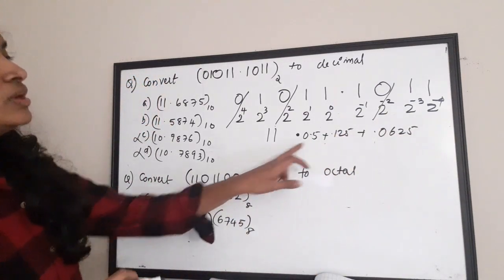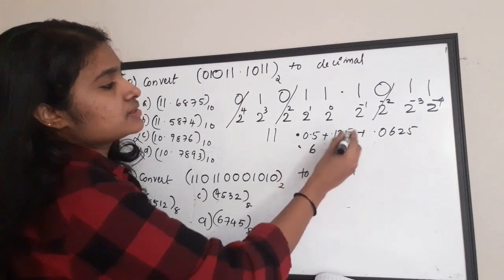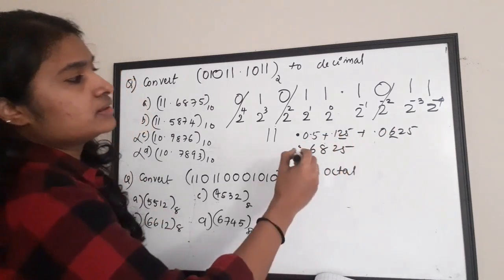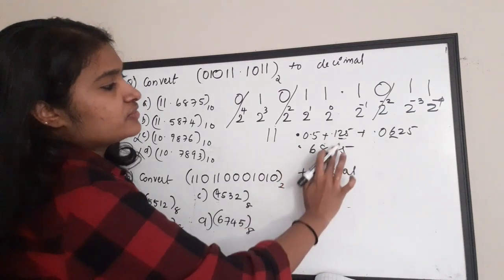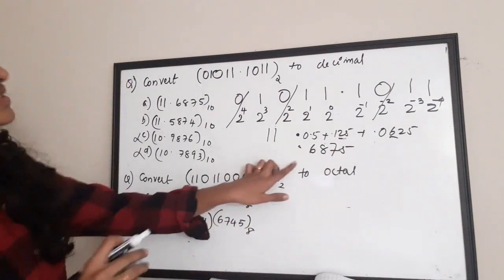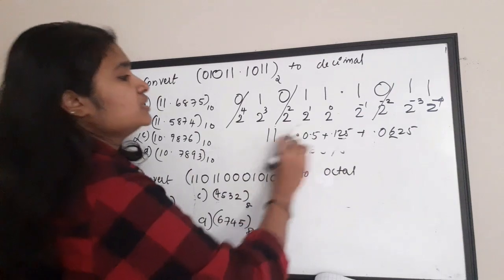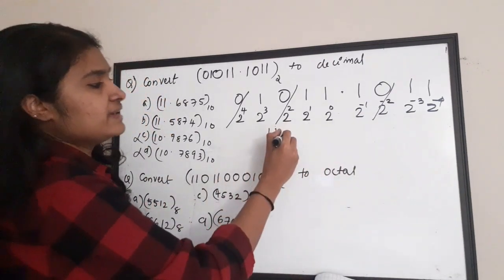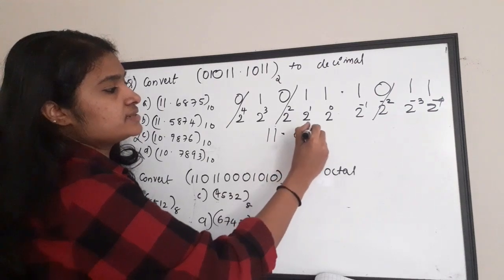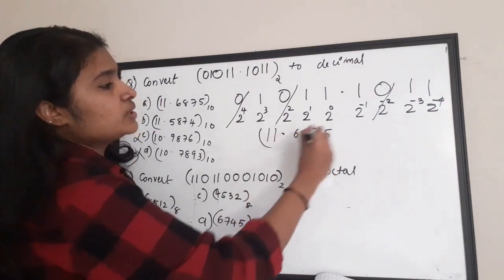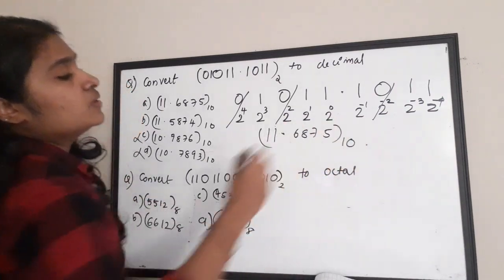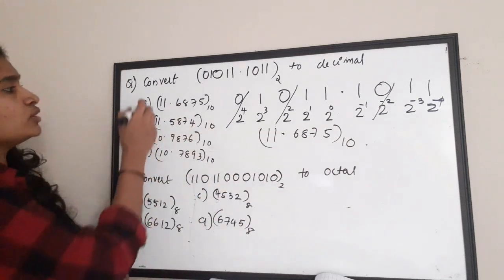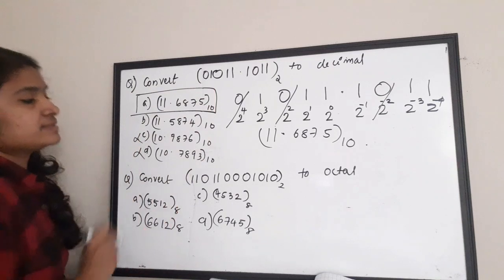So, if you add it, what will you get? 0.6875. So, your option A is your correct answer. You will get 11.6875 to the base 10. So the correct answer will be 11.6875, or your option A will be your correct answer.